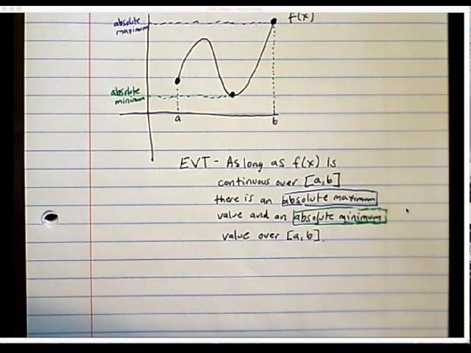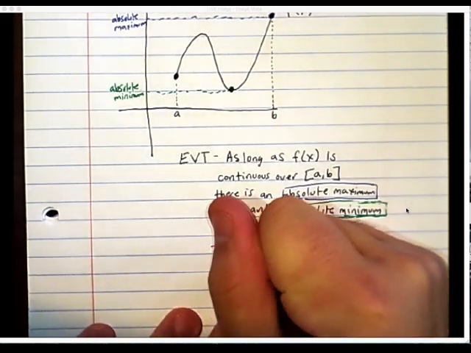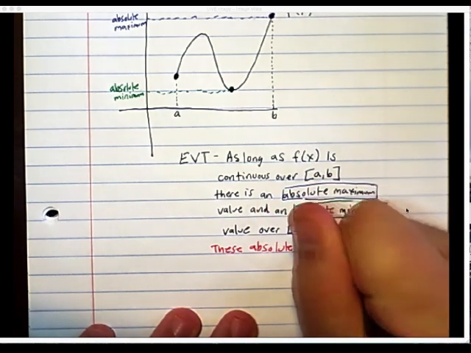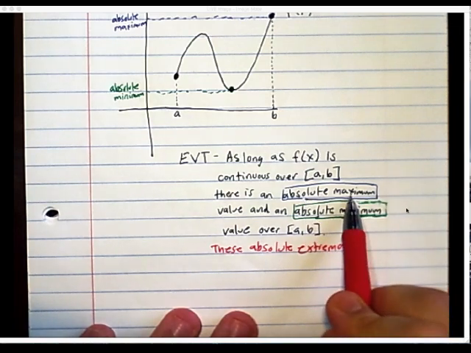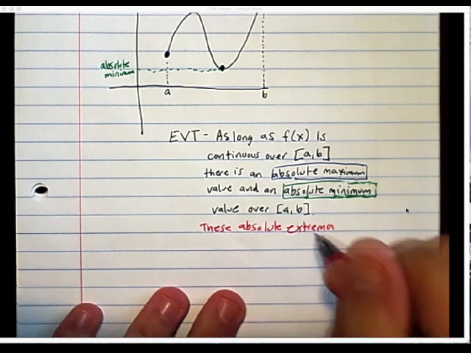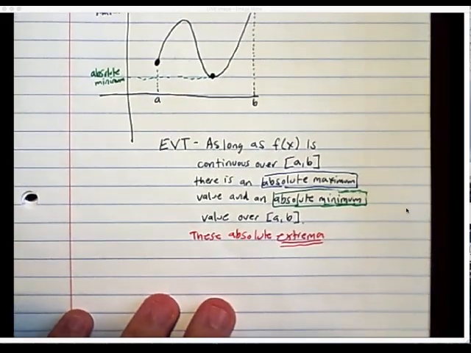The EVT does one more thing for us. It also says that these absolute extrema, we call the absolute maximum the high point and the absolute minimum the low point, they're called extrema because they're more extreme than all the other y values.